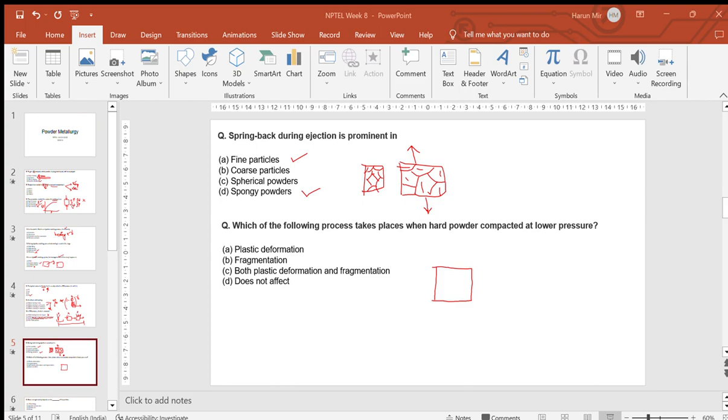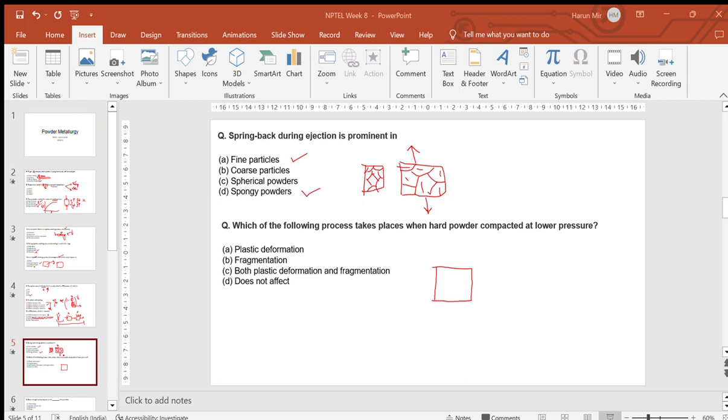So next question says that dash is the unique aspect and dash is the recognized limitation of cold isostatic processing. So you have to say what are the advantages and the disadvantages of cold isostatic processing. First is that shapes with high ratios of length to height can be constructed, but it has a rough surface finish. The uniform density of compacted bodies is a unique aspect, and the low production rate is the limitation.